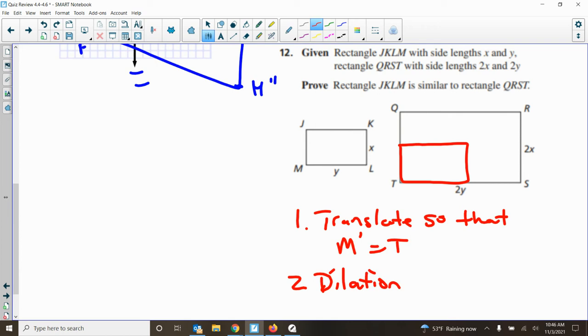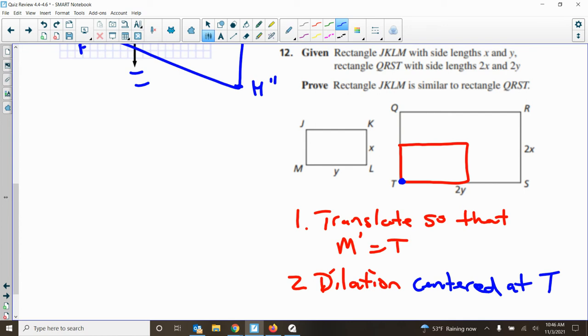Where's the center and what's the scale factor? In this case, since T and M prime are set and we don't want them to move, let's make the center centered at T.